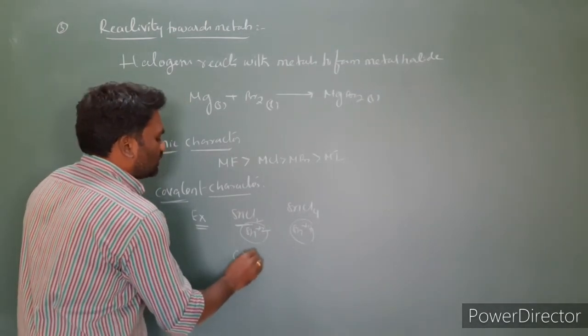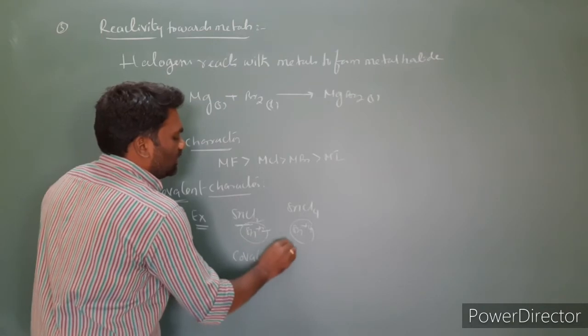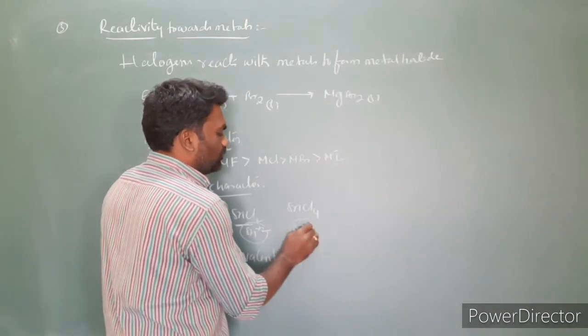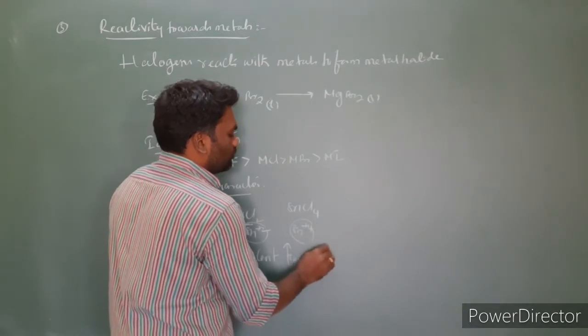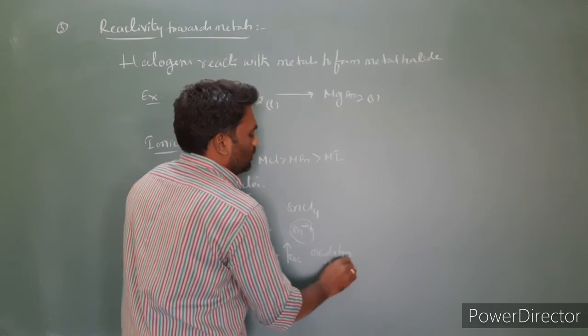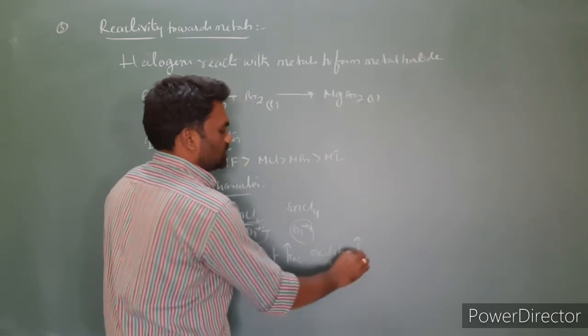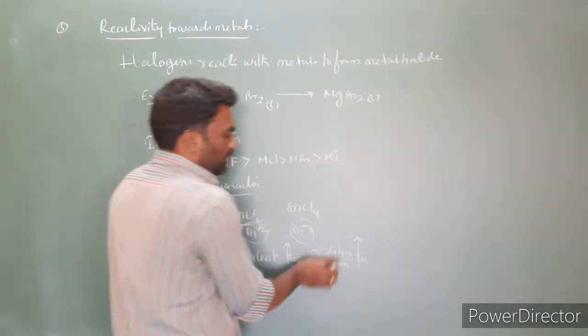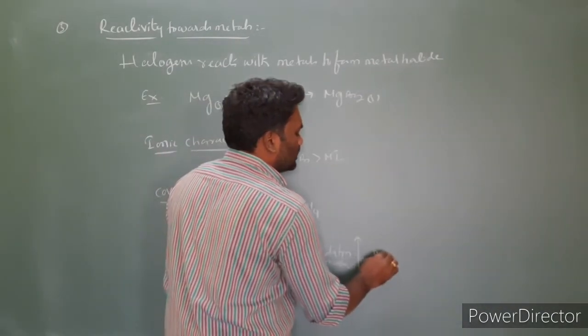In this case the metal with the higher oxidation state is more covalent than the metal with the lower oxidation state. So covalent nature increases. This +4 is nothing but the oxidation number. As the oxidation number increases, covalent character increases. Oxidation number increases, polarizing power also increases.